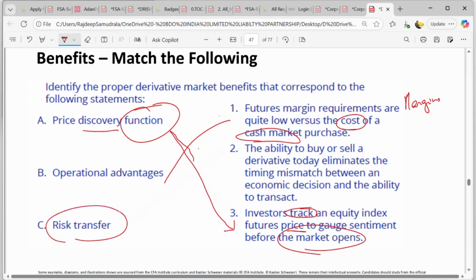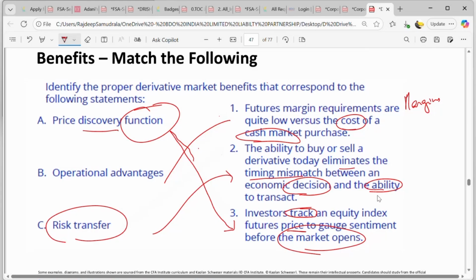Risk transfer means we're trying to mitigate the risk. Risk could be anything, could be timing mismatch, or matching your rewards and risk. So here I'm trying to eliminate the timing mismatch between the decision and the ability to transact. Price discovery is through the stock market when the market opens.